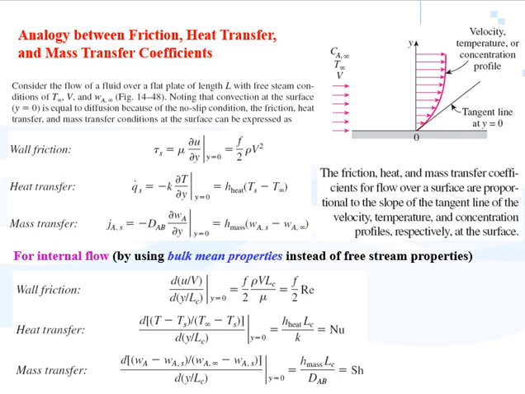Look at this picture. At y equal to 0, because of no slip condition, the convection at the surface is equal to diffusion. Okay, why? Because for heat convection or convection heat transfer, we had a no slip condition, and it was something like this.